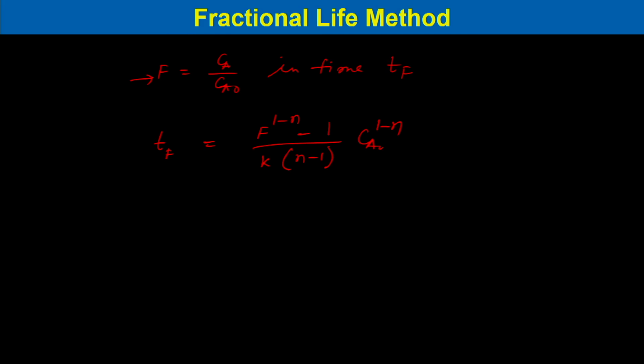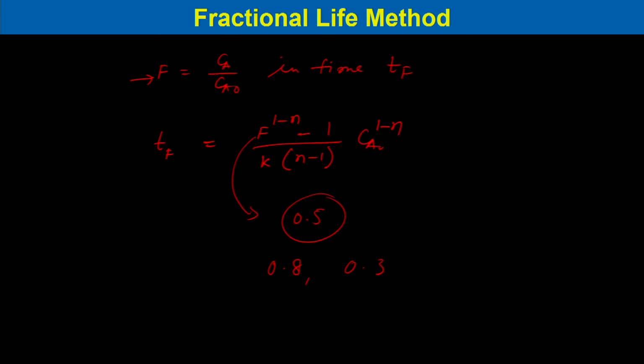Now, for this f we can put any value, it is not 0.5, that is the half life, it can be any value, say 0.8, 0.3 and so on. So, this is an extension of the half life method for any fractional change of the concentration at a particular time.